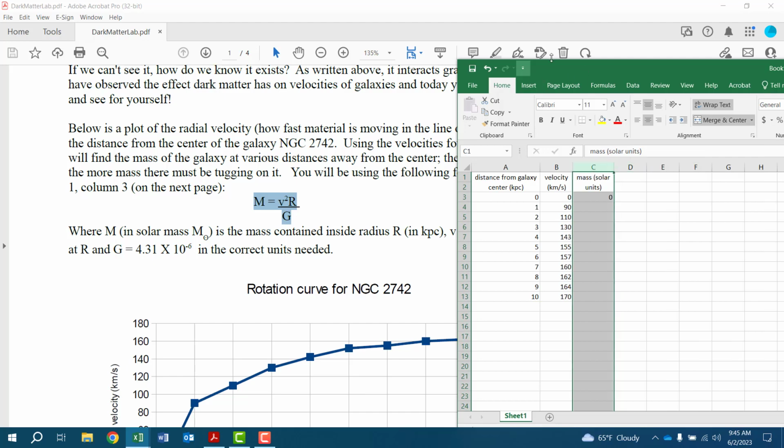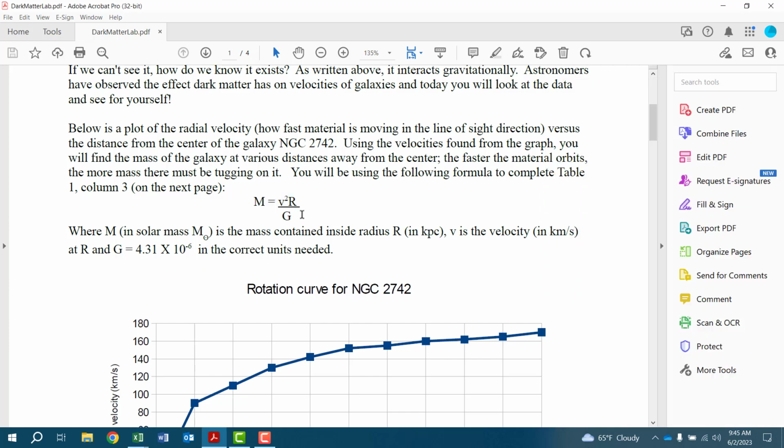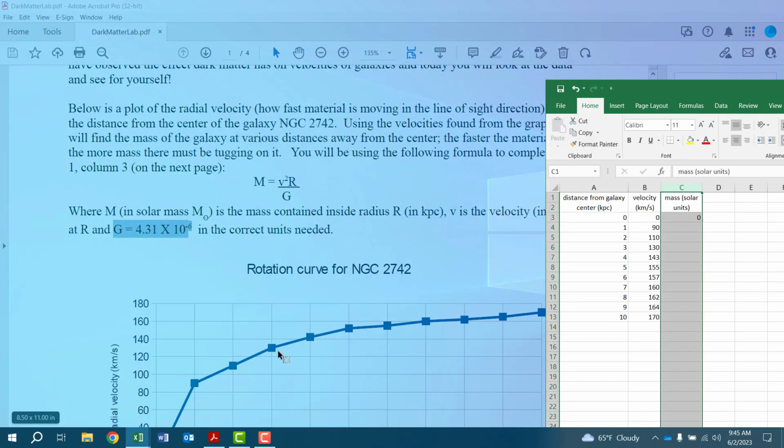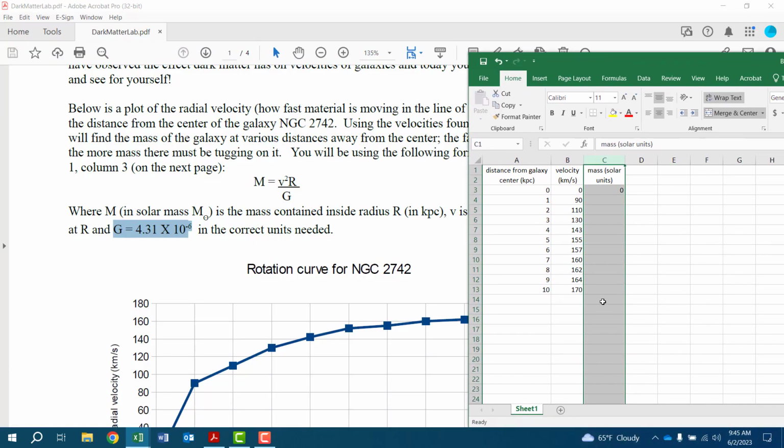Now the formula makes reference to this quantity G. Big G is a number from physics that quantifies the strength of gravity between two point masses, meaning two small little particles with mass. They're giving us the value of G, and I want to make repeated reference to that value in my spreadsheet. So down here, where I've got some space that I don't need, I'm going to type the letter big G.